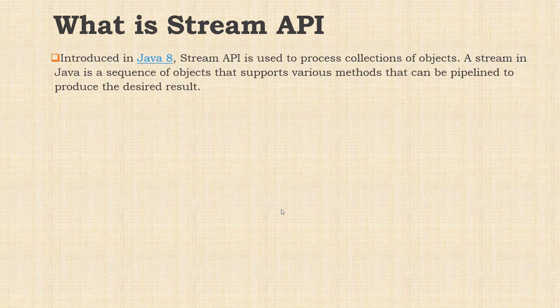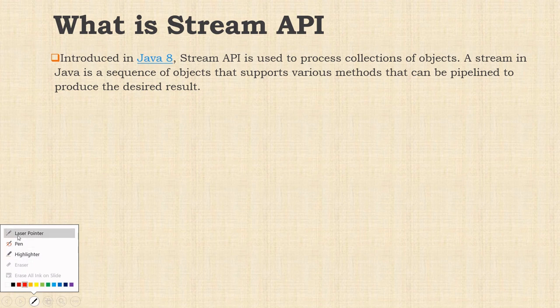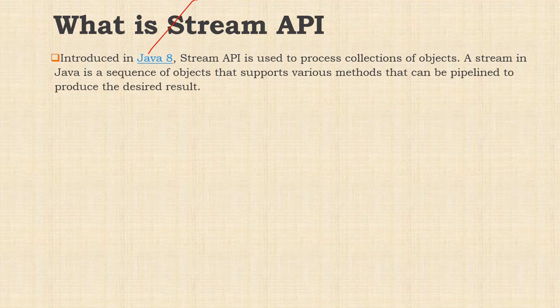A stream in Java is a sequence of objects that supports various methods that can be pipelined to produce the desired result. Okay, so it is introduced in Java 8, and Stream API is used to process collections of objects.